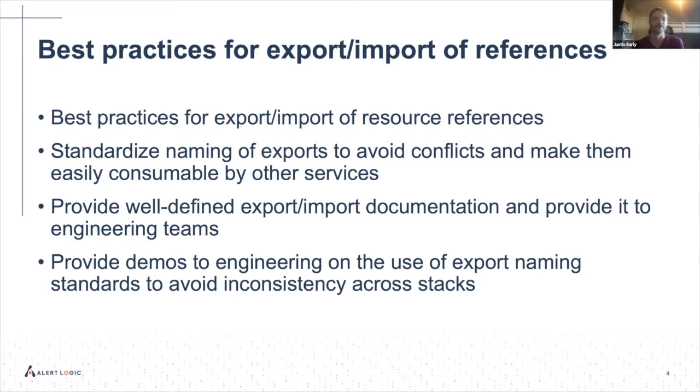So one big hurdle that we had here is AWS export naming has to be unique within a region. You cannot have naming conflicts, so you can't deploy two stacks with the same name in an export. And so we had to figure out how to structure naming so that it reflected the resource you were actually exporting, but also did not conflict with any other stacks that may be deployed.